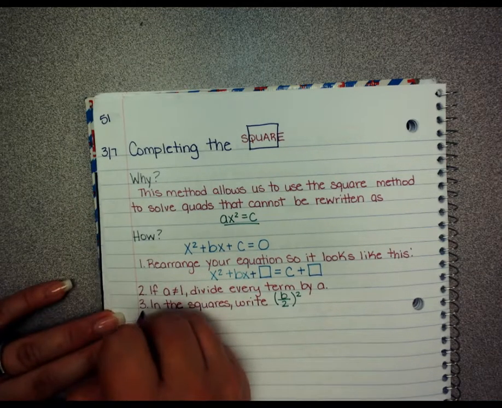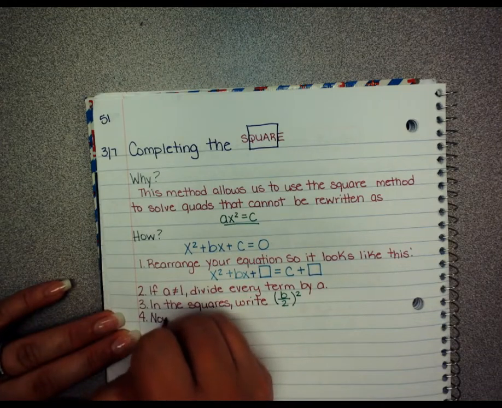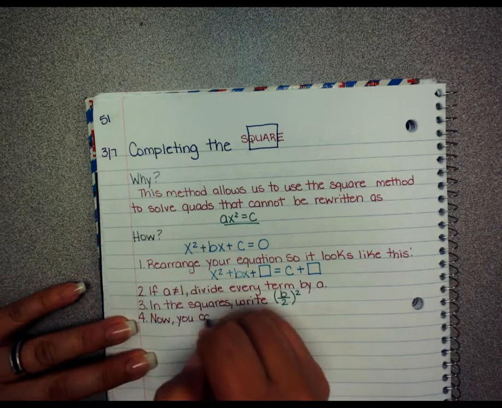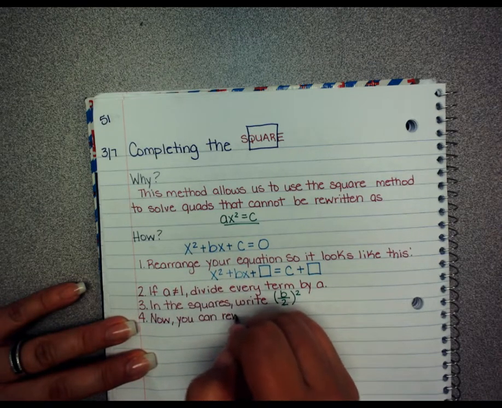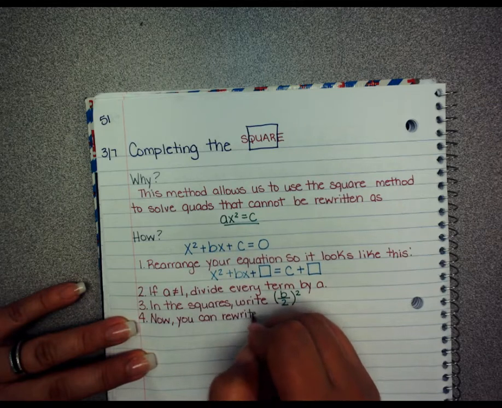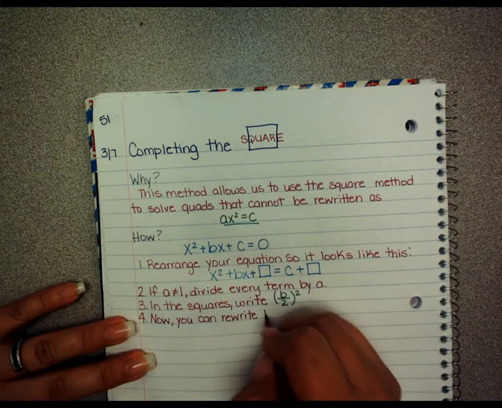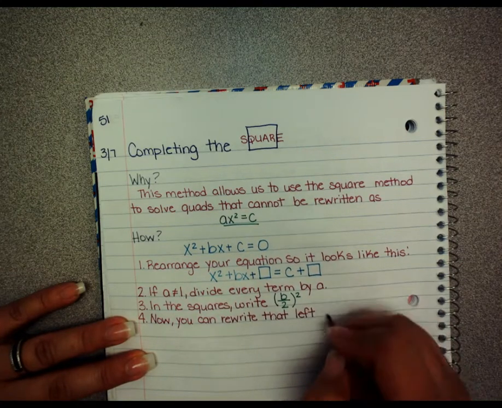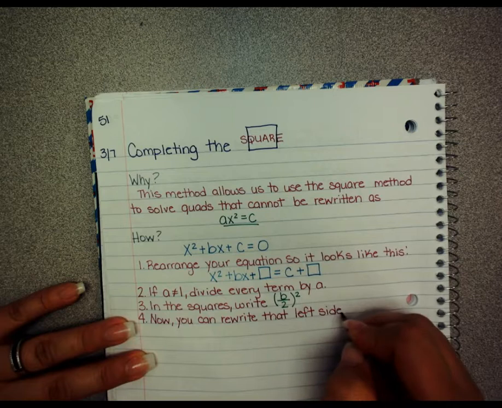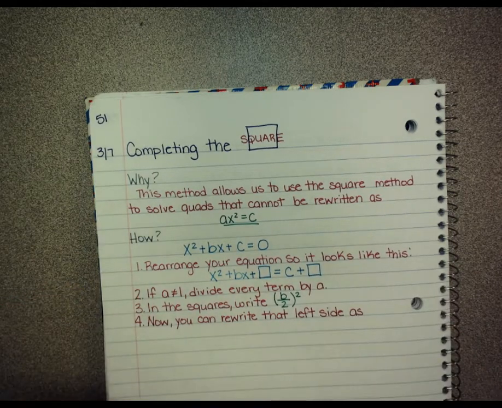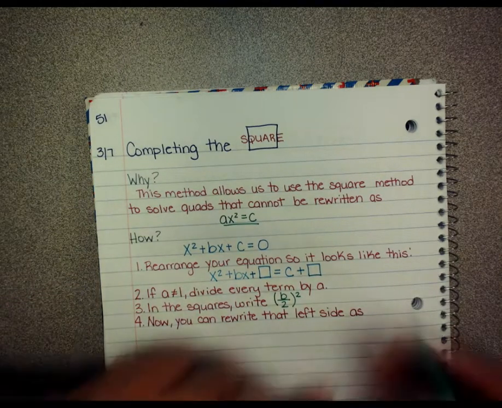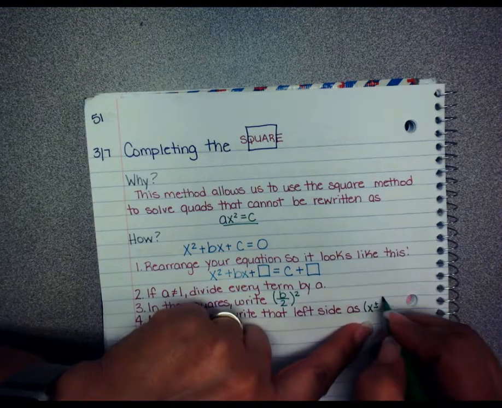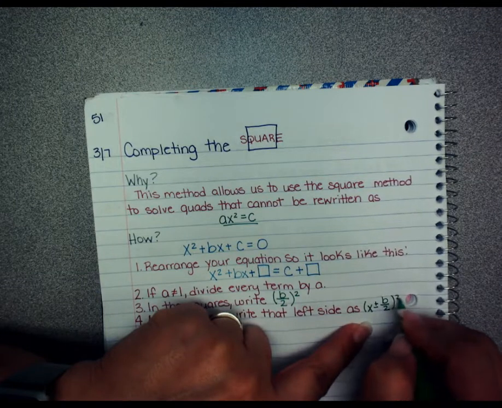Now you can rewrite that left side as x plus or minus b divided by 2, squared.